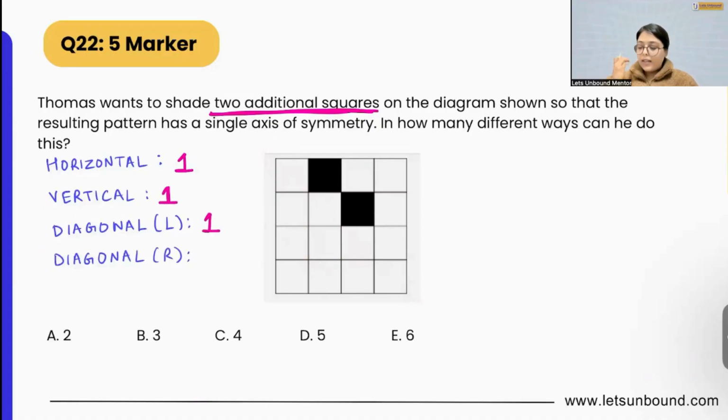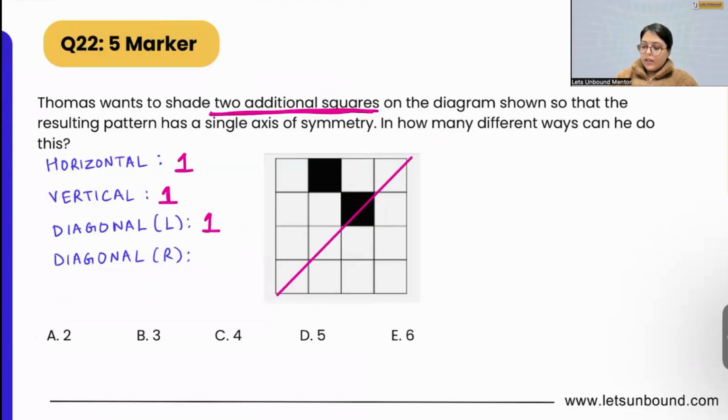Coming to the diagonal right, let me just draw from the right side. Can you see the moment I am drawing the right, the given existing square got split into two halves? So please don't forget to notice that. Anyway, let me just draw this line to make it easy.